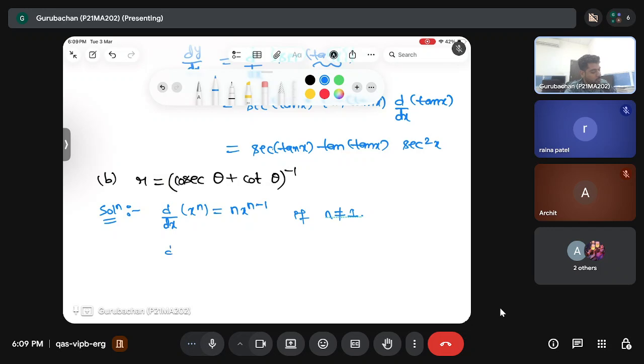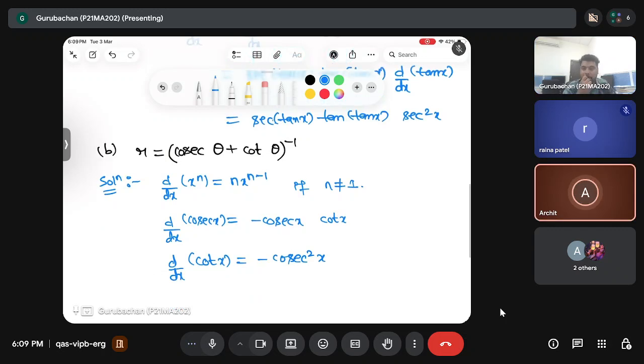Next one is d over dx of cosec x. What is its differentiation? Minus cosec x cot x, and d over dx of cot x is minus cosec square x.